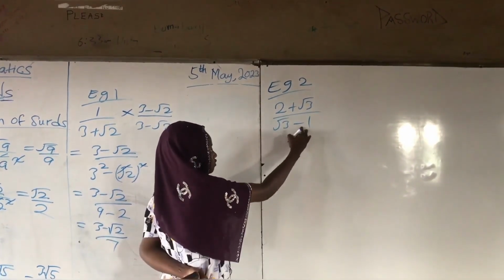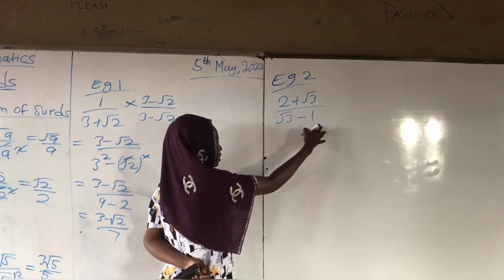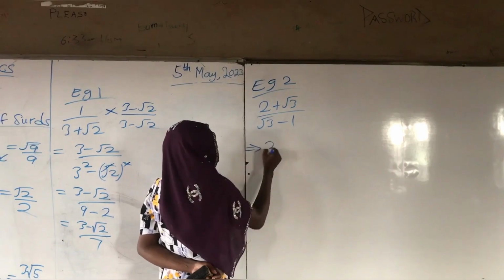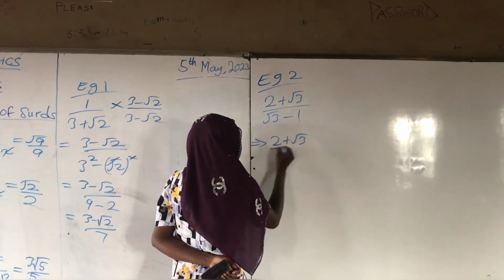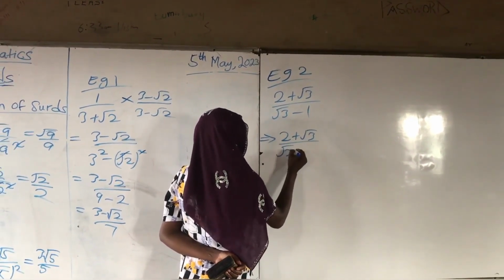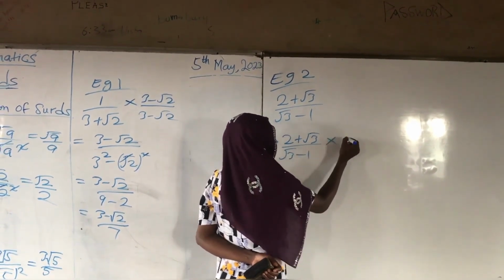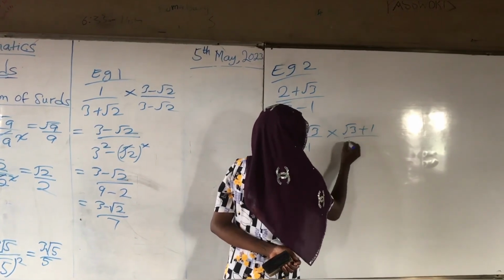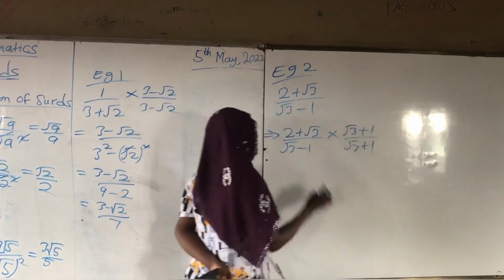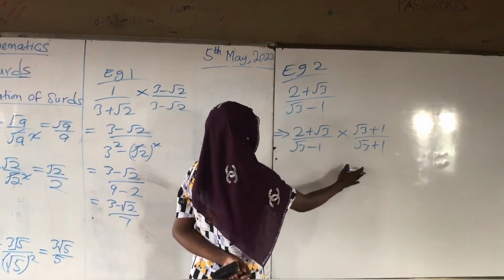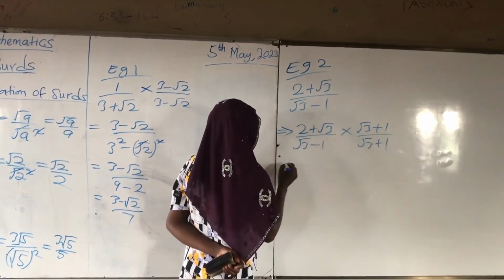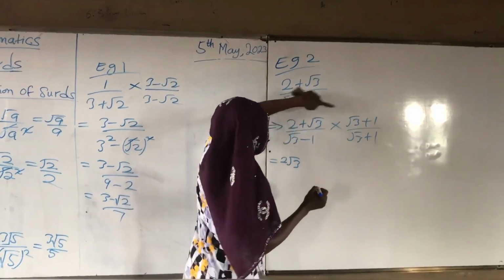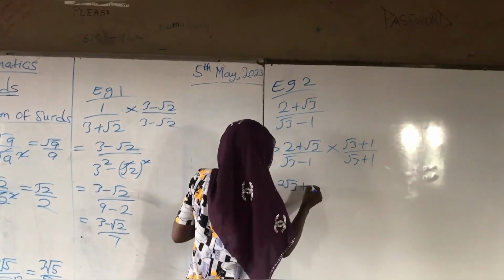We look for the conjugate of the denominator, which is √3 + 1, and multiply the numerator and the denominator by it. So we have (2 + √3) all over (√3 − 1) times (√3 + 1) all over (√3 + 1). So 2 times √3 will give us 2√3, and 2 times 1 will give us 2.